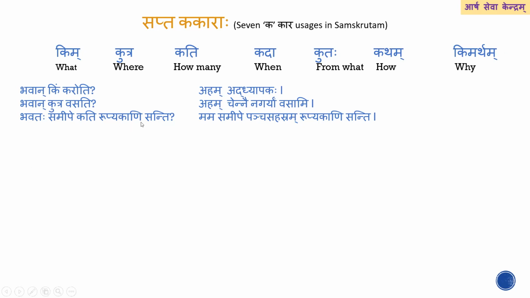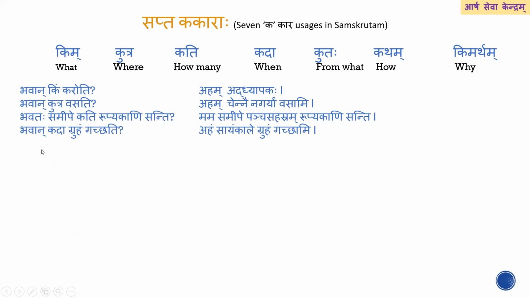Bhavataha samipe kati rupyakani santi. Mama samipe pancha sahasram rupyakani santi. That's also straightforward. Now I am going to use kada. Bhavan kada griham gacchati. You can make any sentence, okay. I just wrote whatever came to my mind.